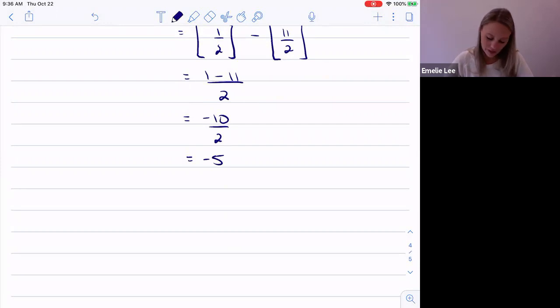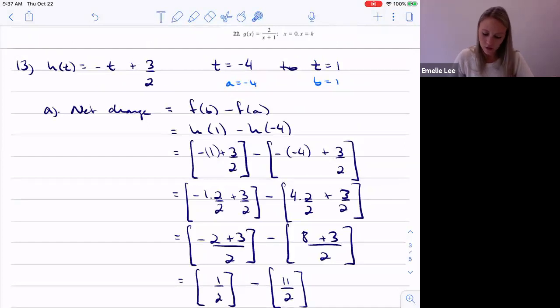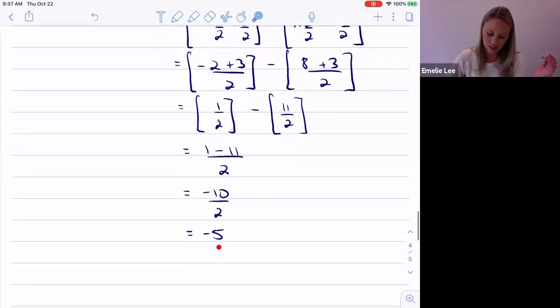Now, the average rate of change is going to incorporate how much did I change from going from a to b. A change from -4 to 1, that's a distance of 5. And I managed to change vertically -5 units.